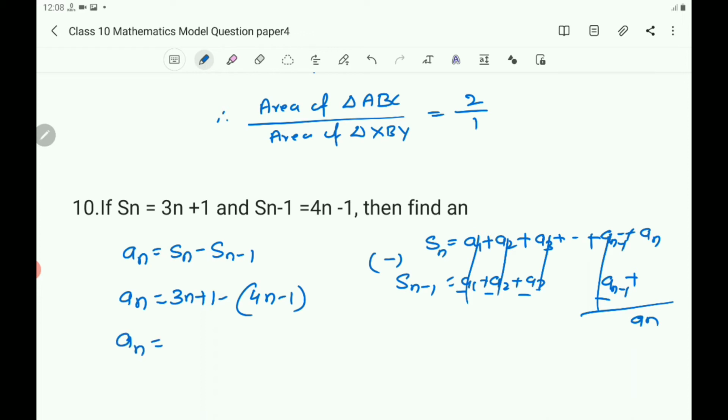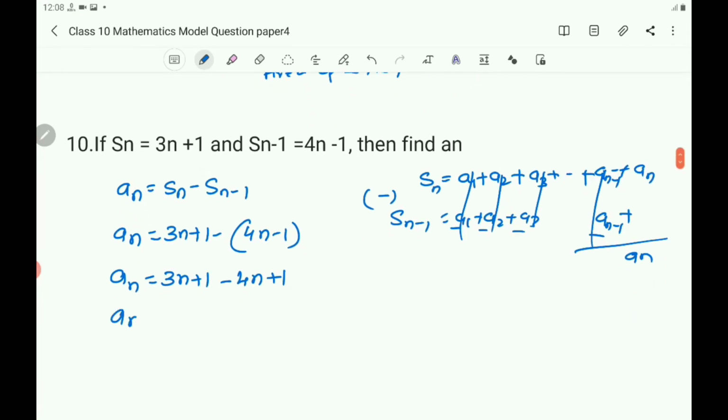So An equals 3n plus 1 minus 4n, minus of minus is plus 1. Then An equals 3n minus 4n is minus n, plus 1 is plus 2.